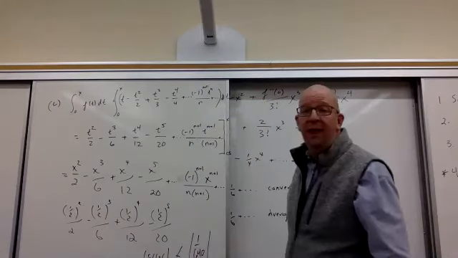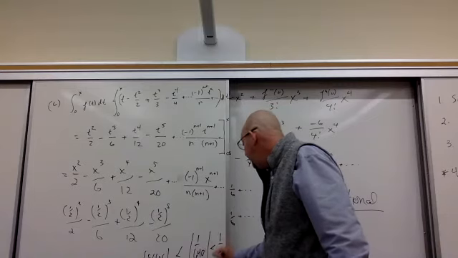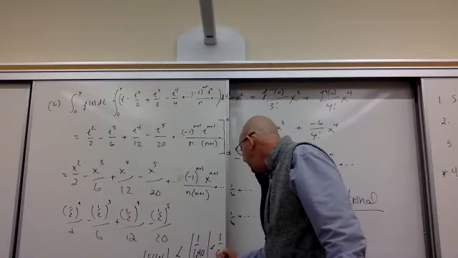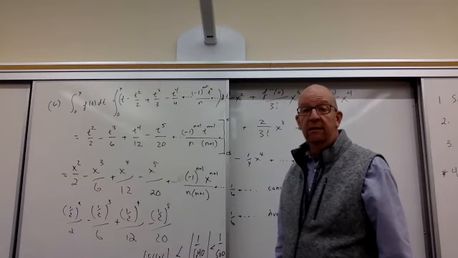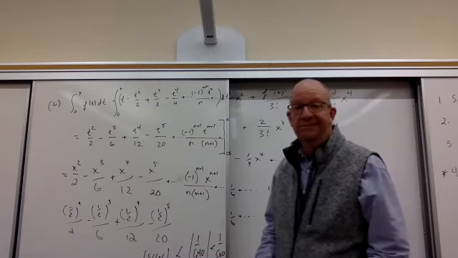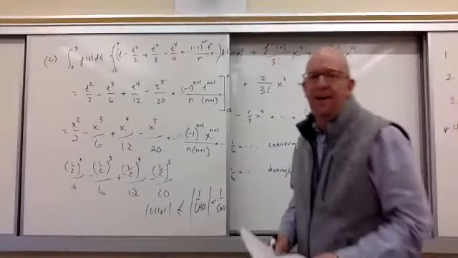And on my planet, that is indeed less than 1 over 500. Once again, we win. So let's adjust that screen just a little bit so you can see the bottom there.